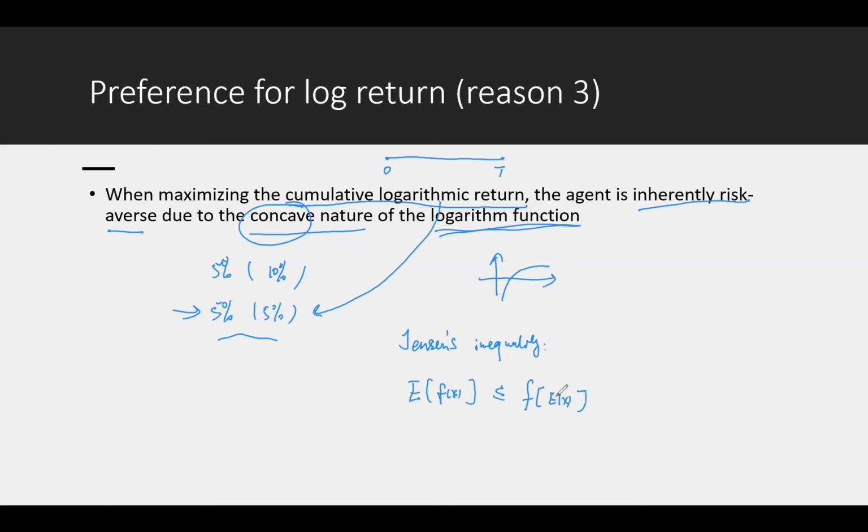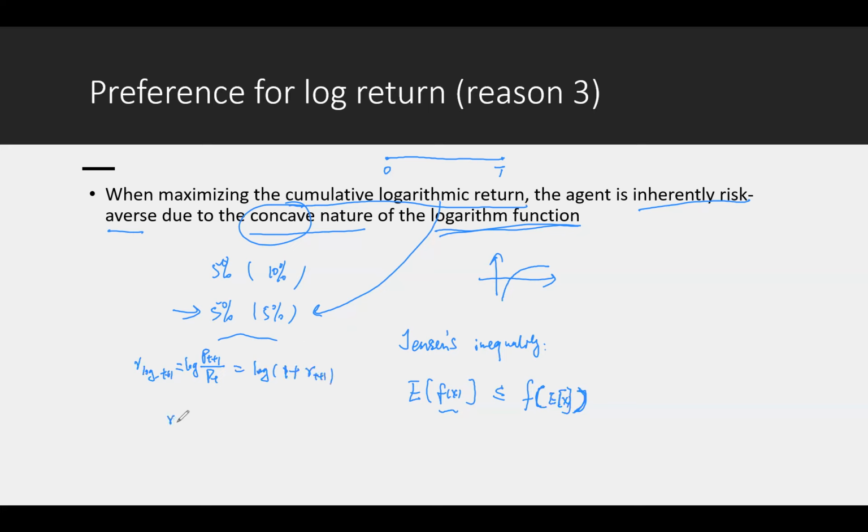So let me just unify the notation here. It's going to follow this property. So if we were to plug in f of x as the log, let me just rewrite. We previously defined the log return as log of p t plus 1 divided by p t, and this is also equal to log of 1 plus r t plus 1.